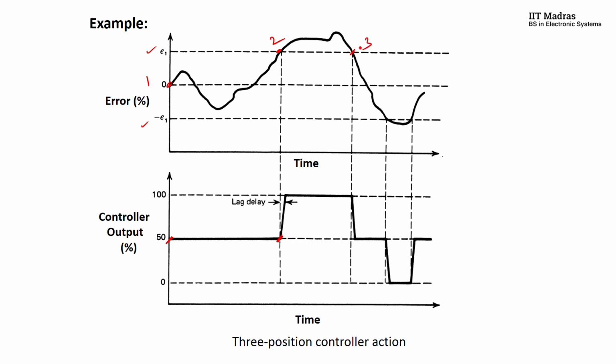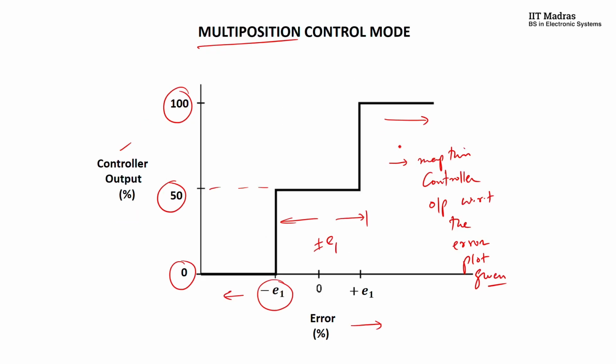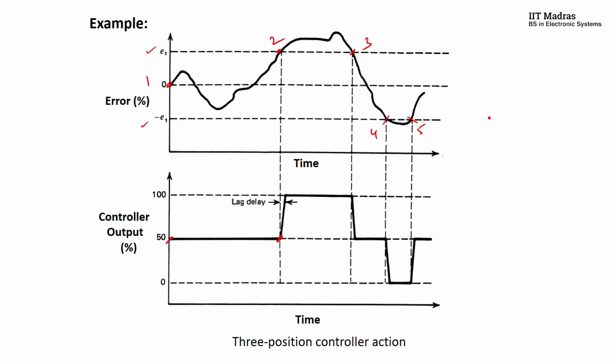Now let me see between 2 and 3, let me mark this 4 and this 5. Between 2 and 3, what should happen? Now it is exceeding the error E1, so the control output should be 100% as per this graph. So between 2 and 3, you should see the controller output at 100%.